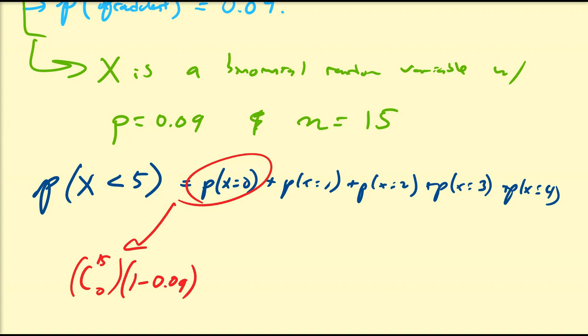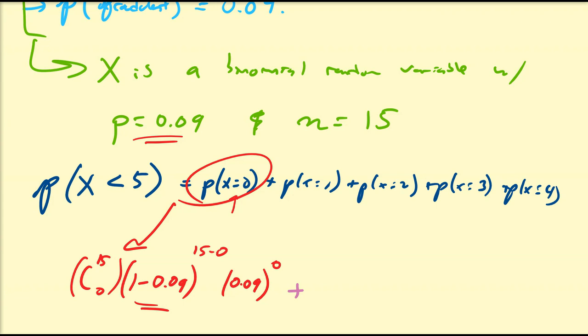So if 0 are fraudulent and the probability of fraudulency is 0.09, this is the probability of not being fraudulent. And since we're interested in 0, that's going to give us, of course, 15 different non-fraudulent orders. And we're going to have 0.09 raised to the power 0 because we have 0 fraudulent orders.